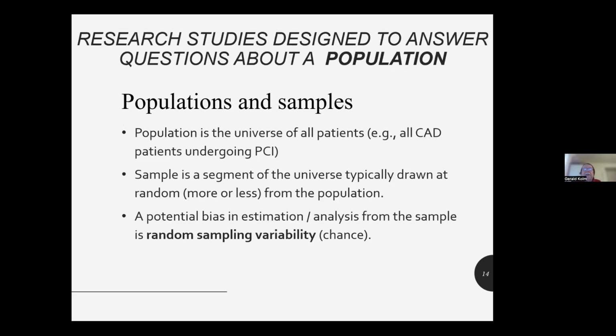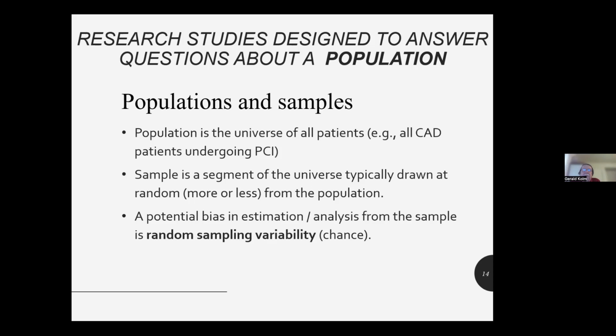So when we design a study, what we really want is to answer our research question about a population of subjects or patients. But of course, we don't have the resources to sample everybody in a population. Say, for example, our population might be all colon cancer patients.